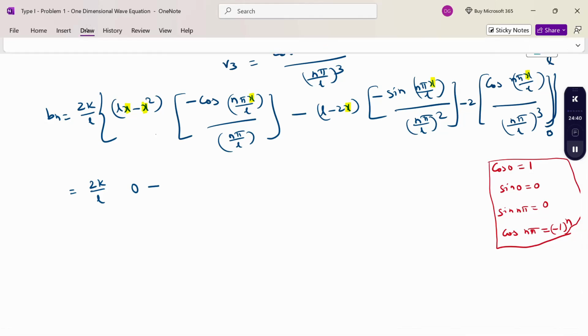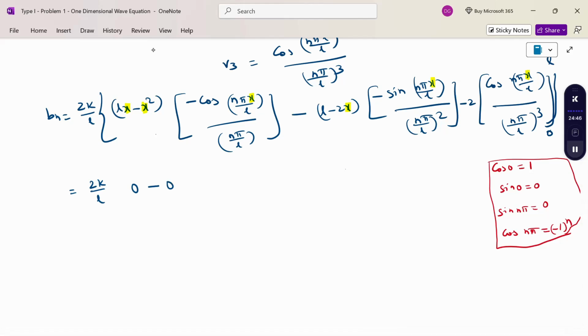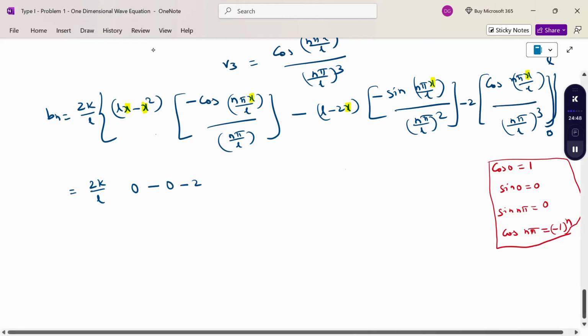Therefore, upper limit: first term 0, second term 0, then minus 2, when I substitute L, cos n pi by n pi by L cube. So this is the upper limit.